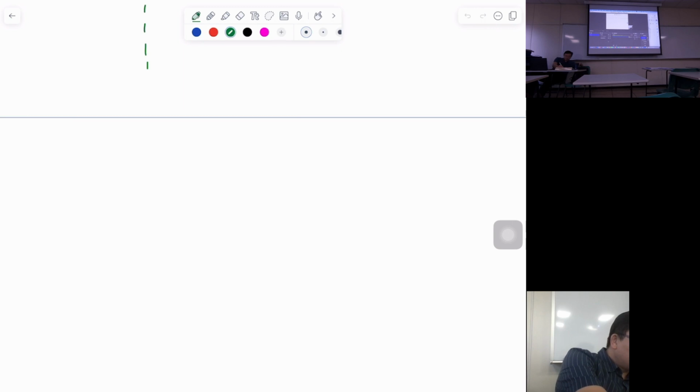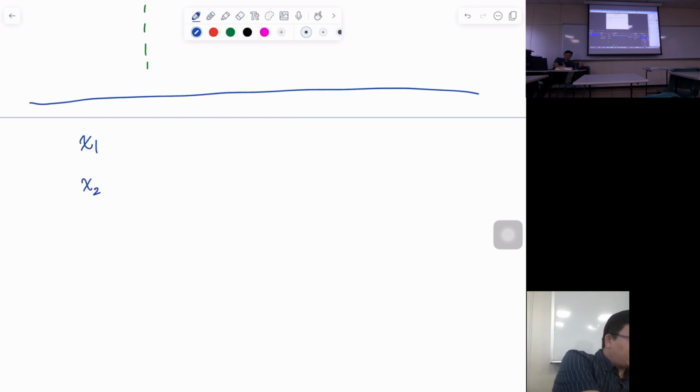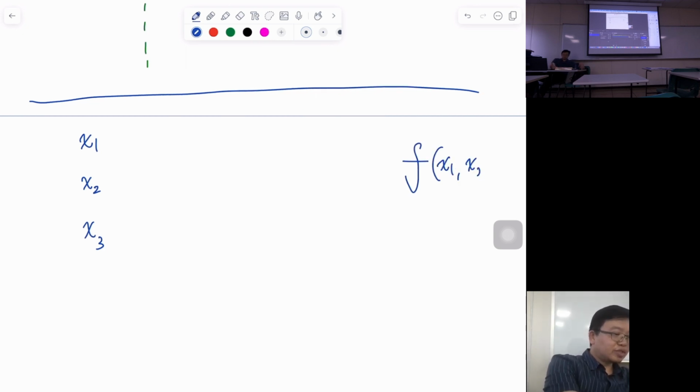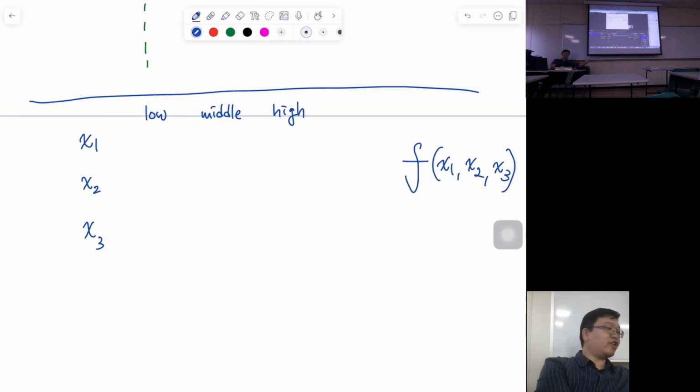And for many designers, they may have, okay, 3 variables, and they are looking for the responses. So what they may do is define so-called levels. So maybe there's a low level, middle level, and a high level. They can choose 3 levels for each variable.